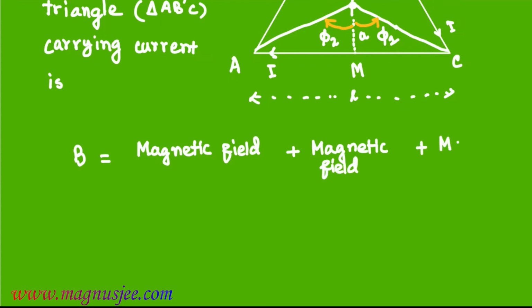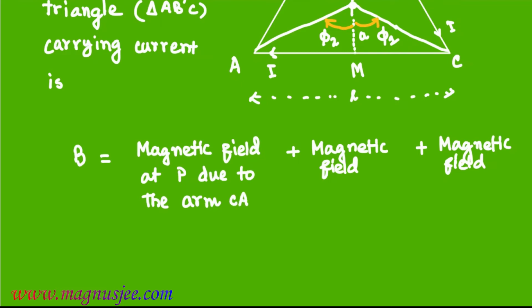That is, the magnetic field induction at the centroid P due to the arm B prime C, the magnetic field at P due to the side or arm CA, and similarly the magnetic field at the same point due to the arm AB prime.